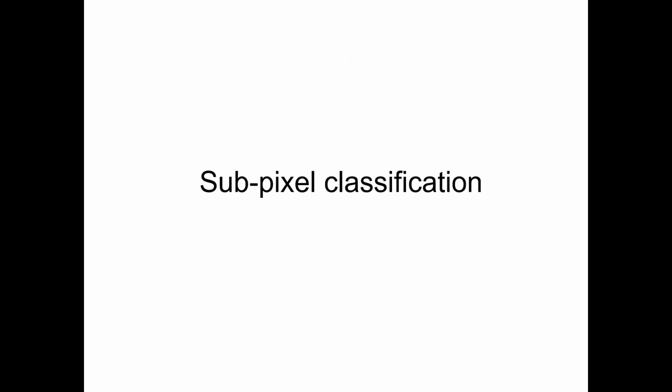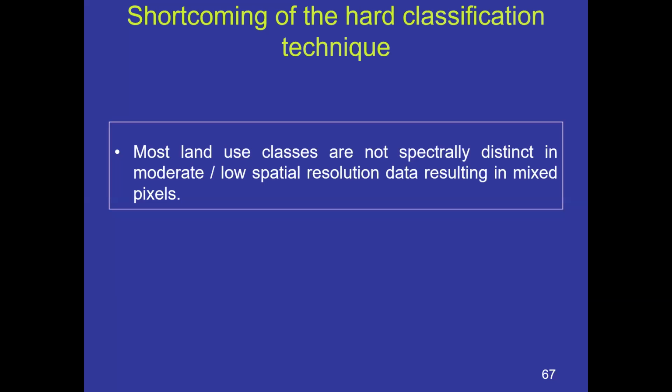Now I will shift gears and move to a slightly deeper insight into the world of classification. The example that we saw in the last few slides tried to visualize the spatial distribution of urban areas in the city.